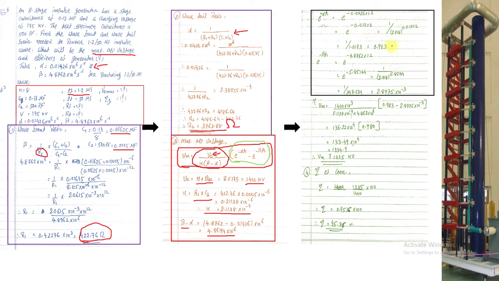So finally e raised to minus alpha T1 is 0.983, and similarly the beta T1 component is 2.8775 into 10 raised to minus 3. So by putting e raised to minus alpha T1, e raised to minus beta T1, beta minus alpha, K and V0, we will get the maximum output voltage of the available impulse generator as approximately 1335 kilovolt. The expected value was 1400 kV, but how much are we getting?